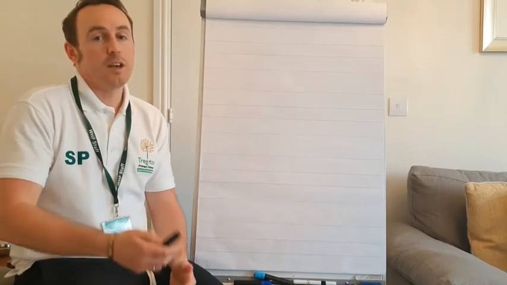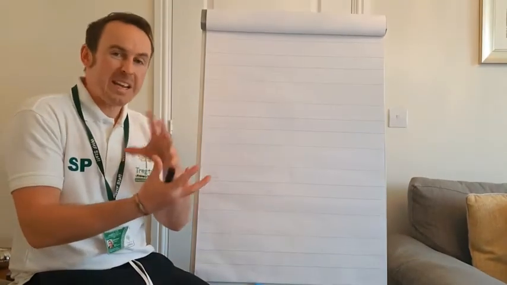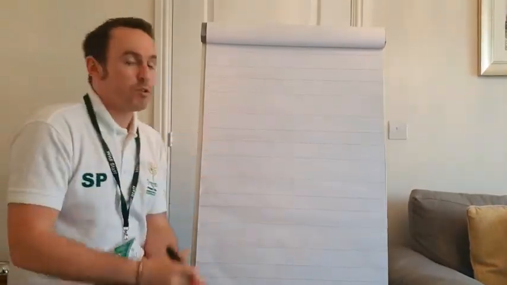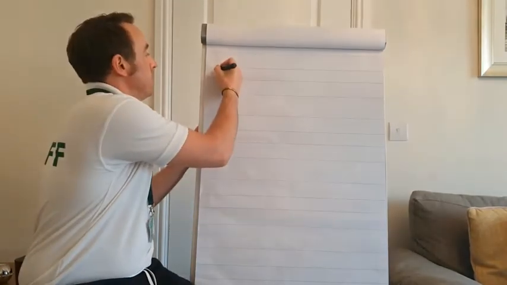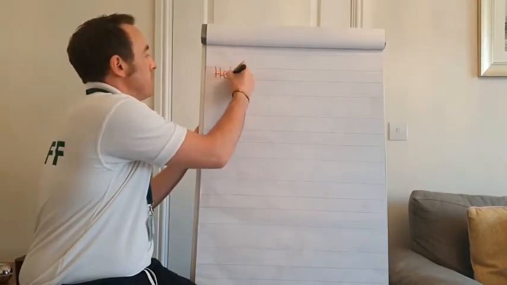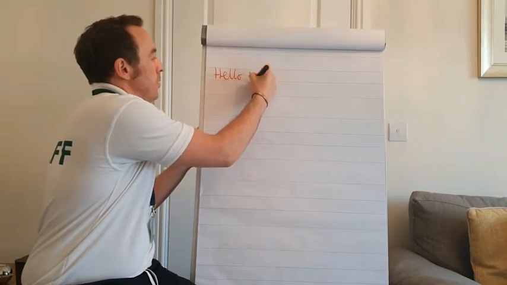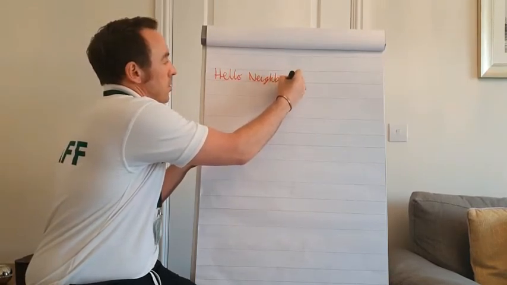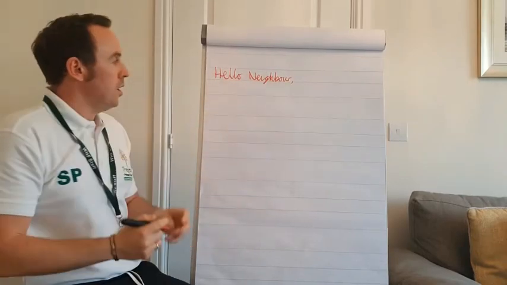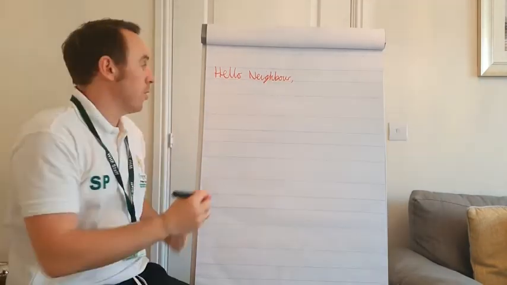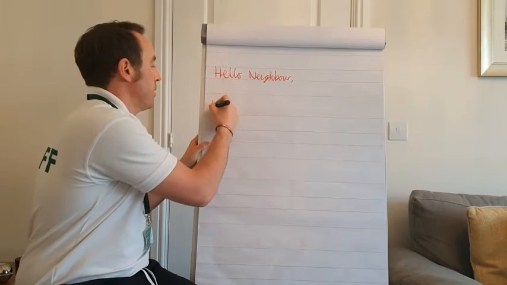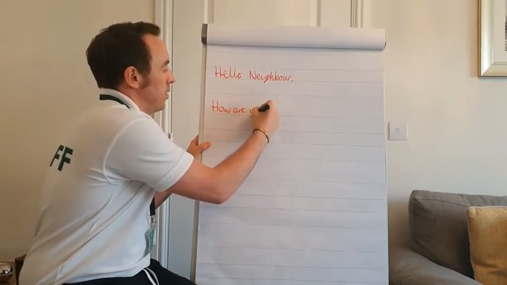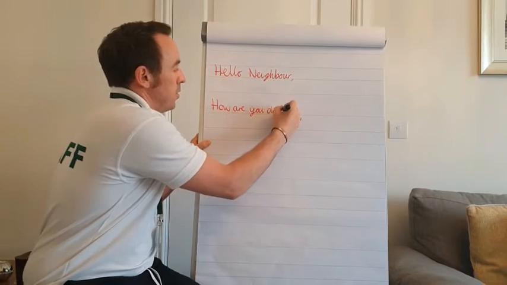Right, now we've looked at an informal writing style, let's try and piece our letter together. So I'm going to start my letter with a nice informal greeting of hello. Hello, neighbour. I'm going to start by asking how they are, hoping they're all right. How are you doing?